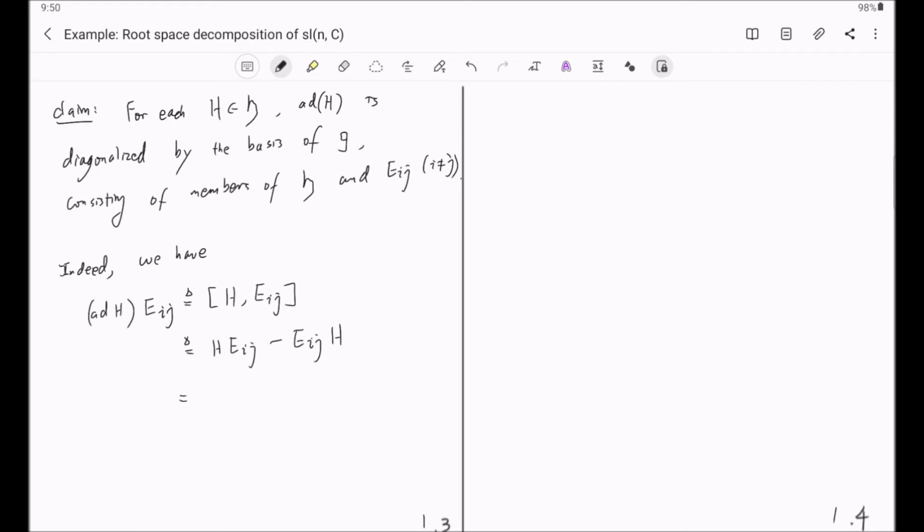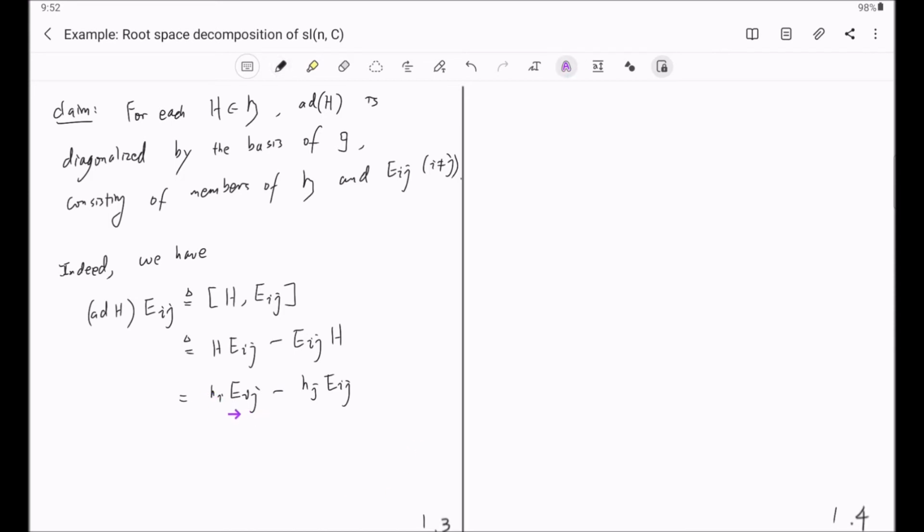The first thing will be the ith component of this diagonal matrix times E_ij, while the second will be the jth component of h times E_ij, by simple linear algebra matrix multiplications.